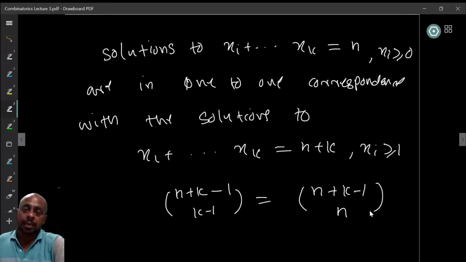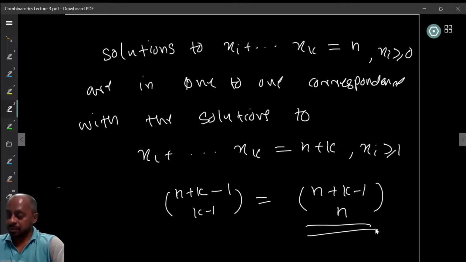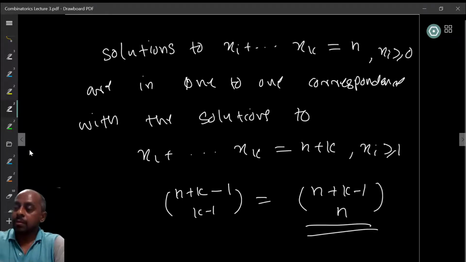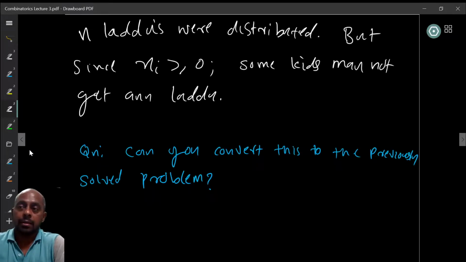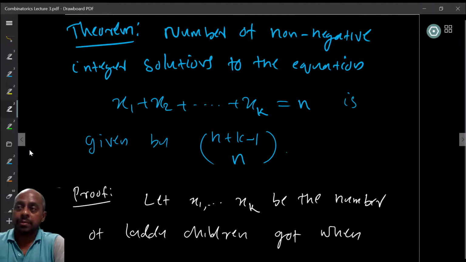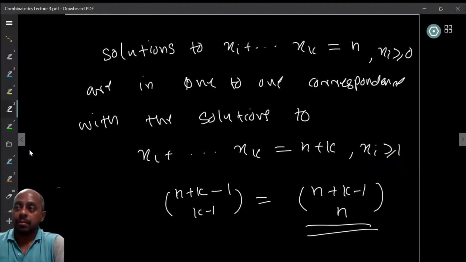By the property of binomial coefficients. So therefore, this is what we wanted to prove: n plus k minus 1, choose n. So we already have the solution, right? n plus k minus 1, choose n. So this is one way we can prove this.